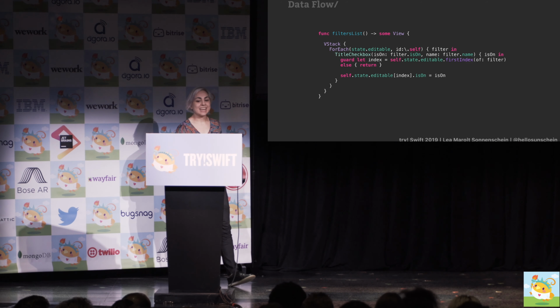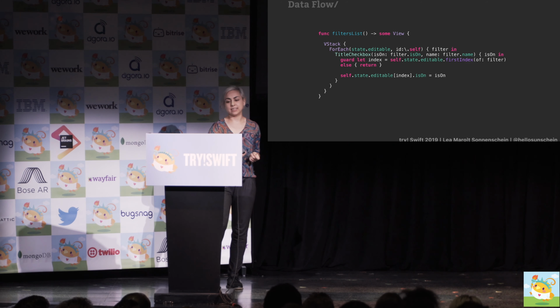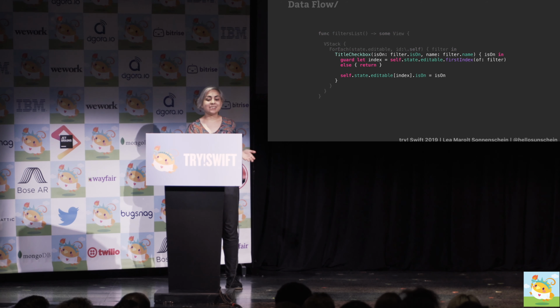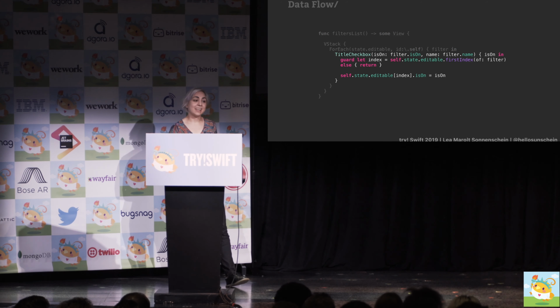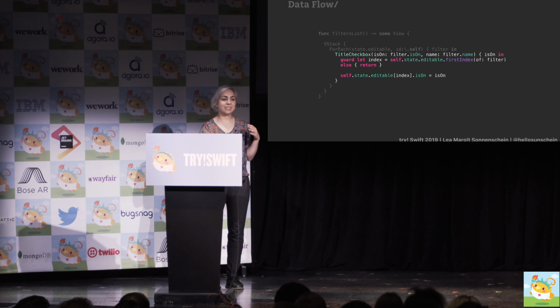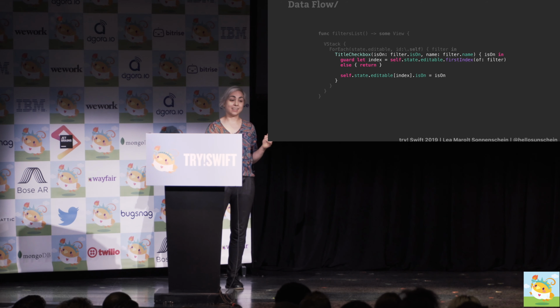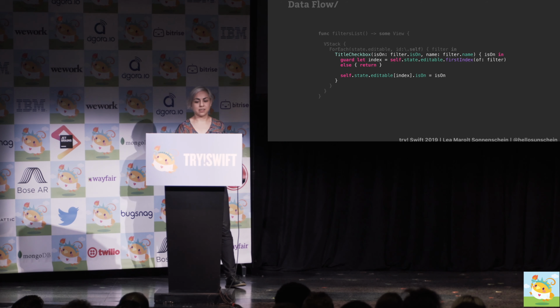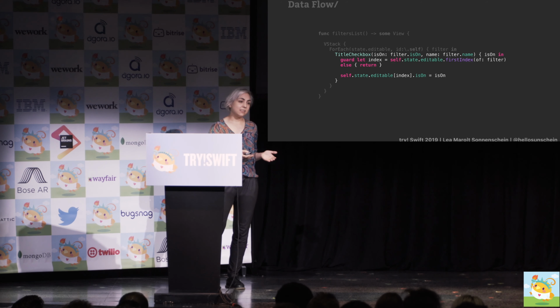Finally, this now results in our filters list being implemented like this, where we let the filters view manage the state. We still have to do some index wrangling that's not ideal, but at least we, A, avoid trying to access non-existing elements, B, don't feel like we're abusing the environment object like a singleton, and C, we have our reusable checkbox component.